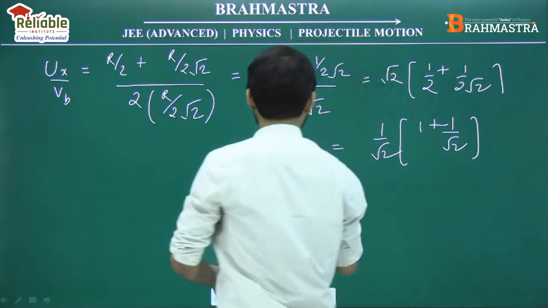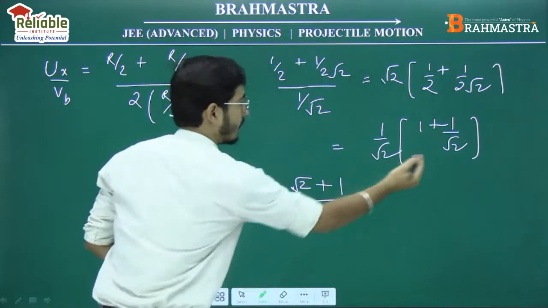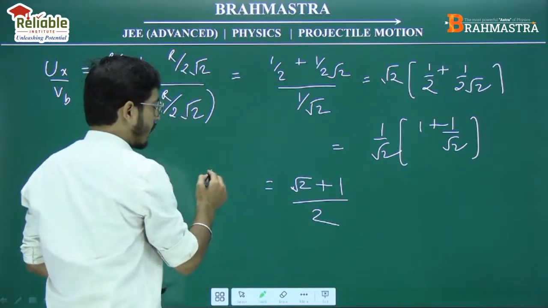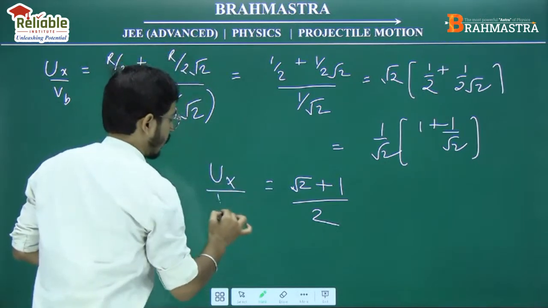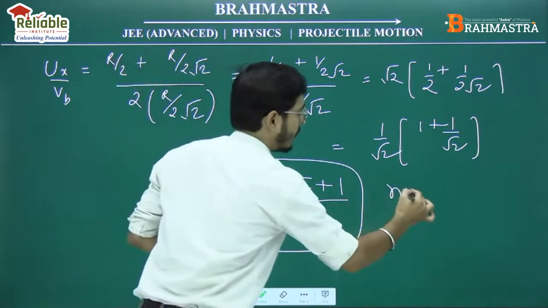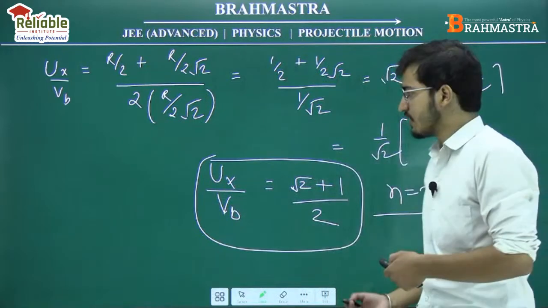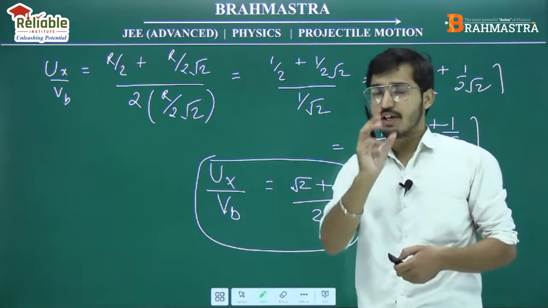So what we are basically getting is root 2 plus 1, and then root 2 multiplied by root 2 is 2. So this is basically our ux over velocity of bird. This is the answer, and the value of n is going to be 2. Okay, so this is the method, and this is the importance of analyzing that quadratic equation.